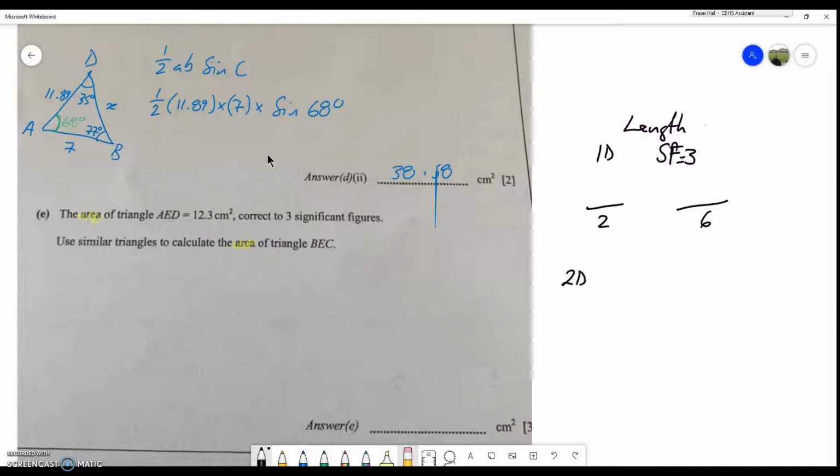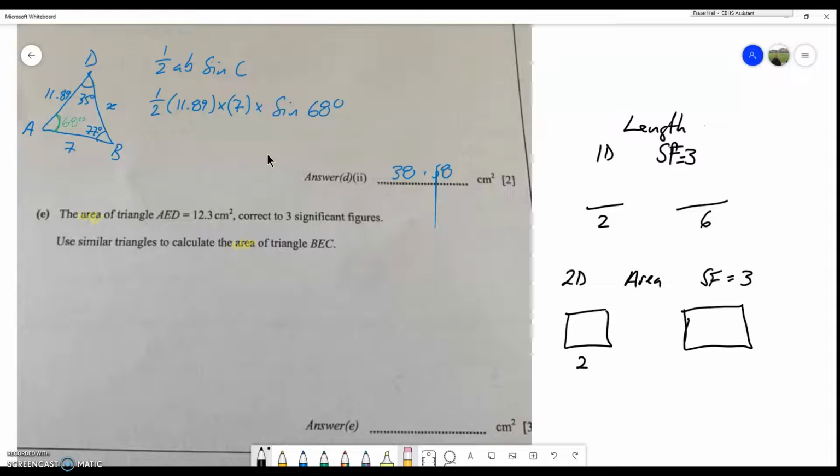So in 2 dimensions, for instance a rectangle, which is area, and a scale factor of 3, means that factors in length in one direction.